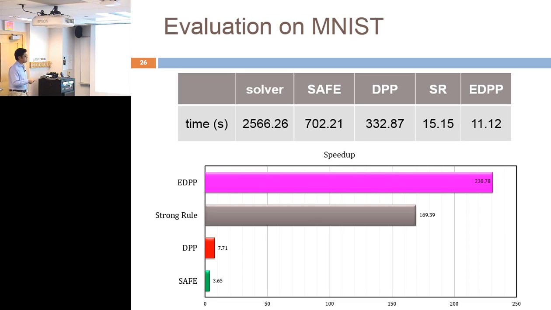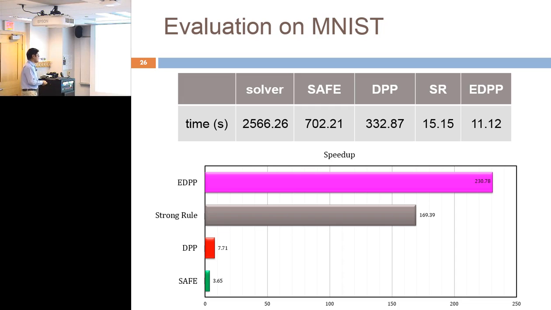I forgot to mention the dimension of the data matrix. The data matrix has 50,000 features, and the number of samples is a bit more than 700.